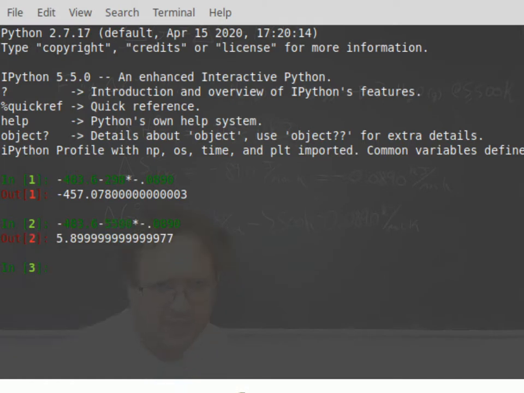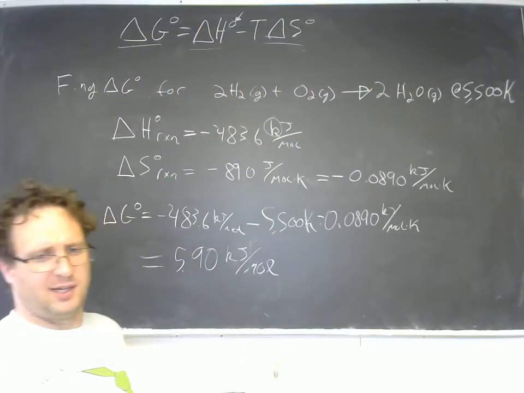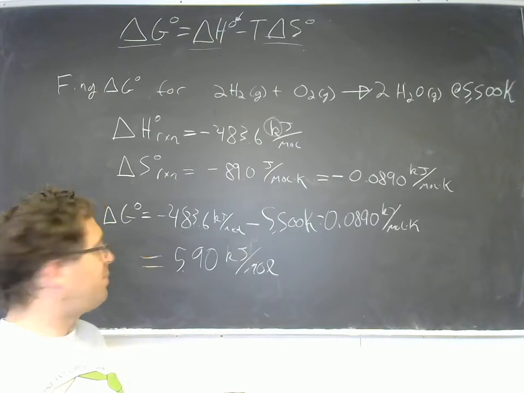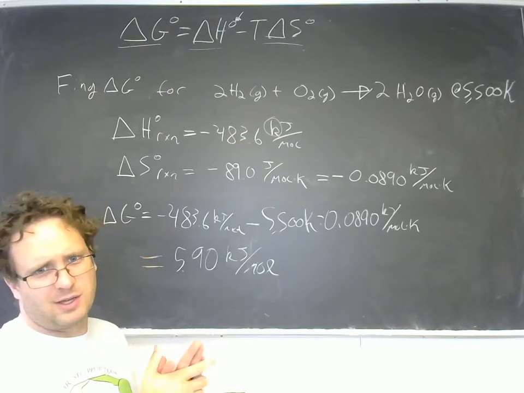And this time we get 5.90. Sorry, that looks terrible because I was using a tiny nub of chalk. But we get a positive 5.90 kilojoules per mole.